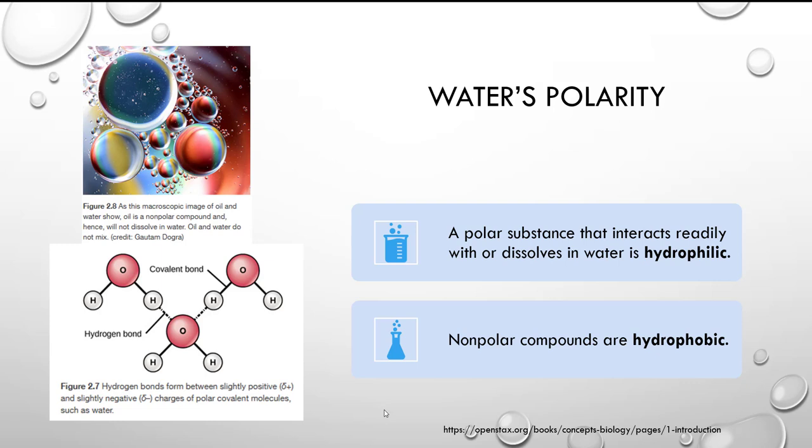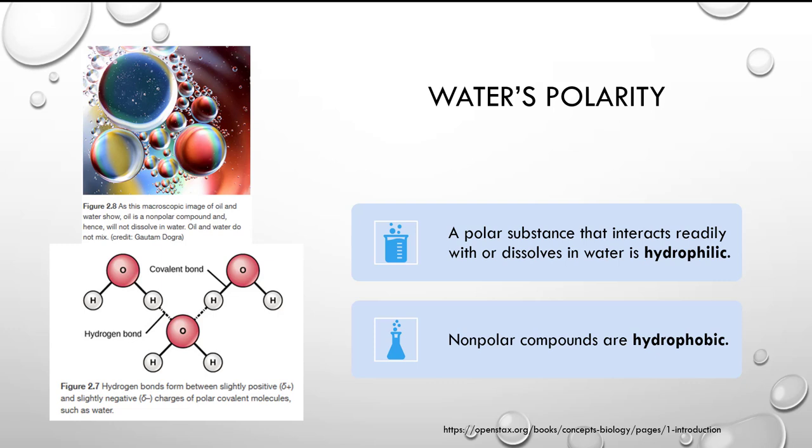So one of the properties is that water is polar. Okay, so if we take a look at a refresher of the chemical bonds that we talked about in the last video, we learned about covalent bonds and hydrogen bonds.